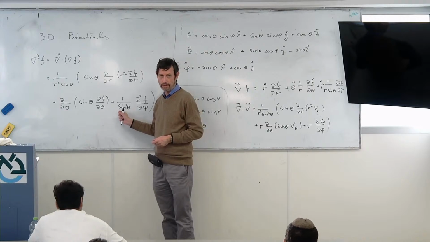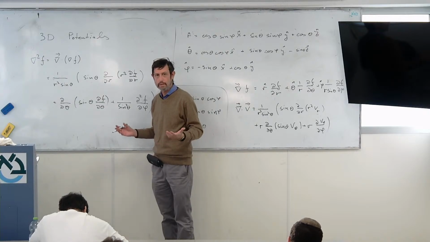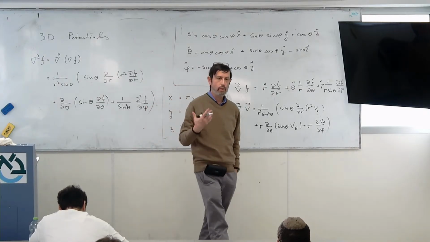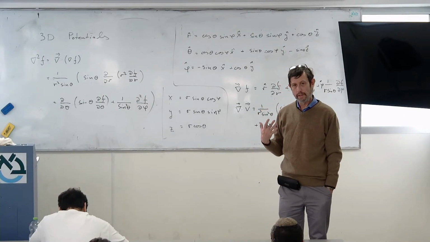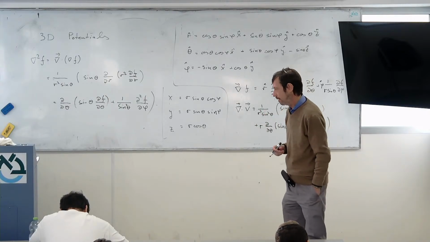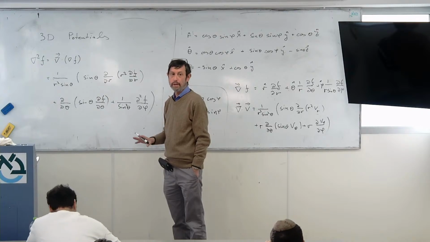This is bad enough. Why is it bad enough? Because I said we want to solve the Schrödinger equation in spherical coordinates. Let's look at a free particle.